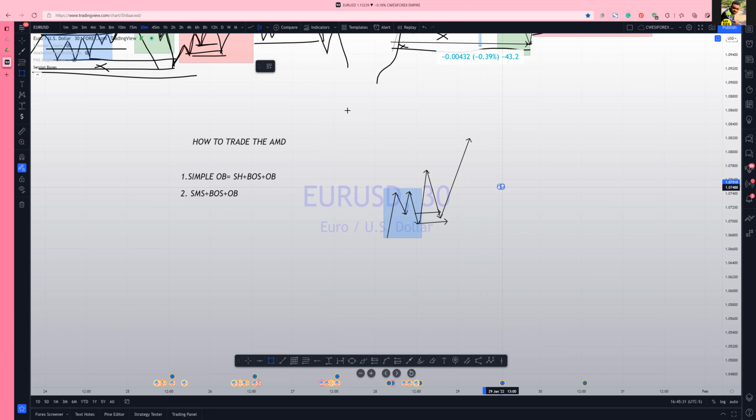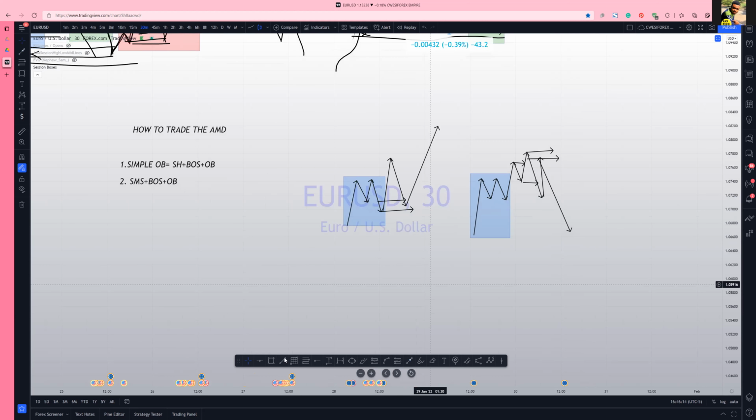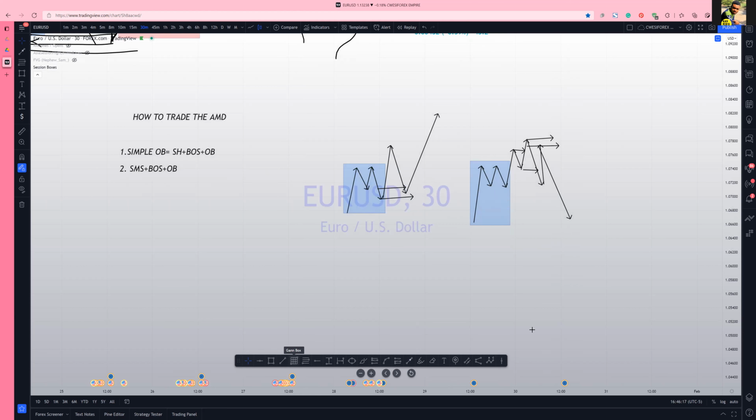We have this stop hunt, created order block, structure. We have break of structure over here and price trading back to mitigate this order block. Price movement to the downside. Next one is we have this simple setup.